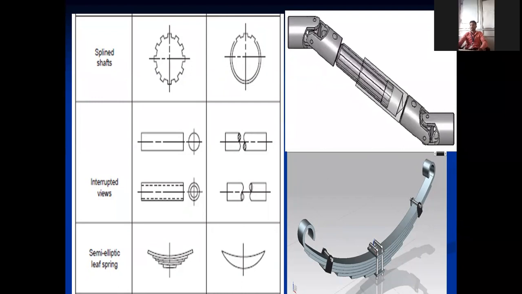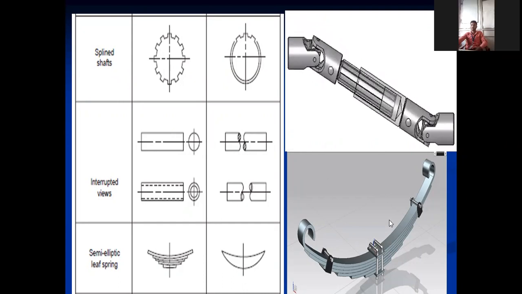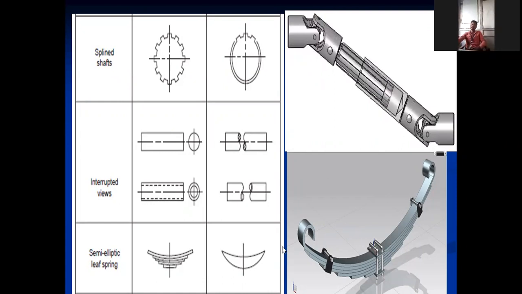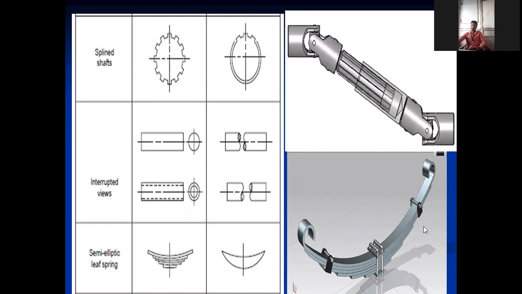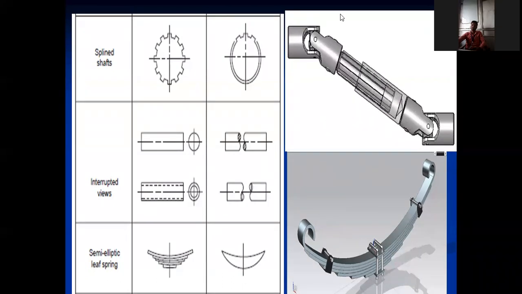Now don't observe only the tractor and sugarcane in the trailer. Now try to observe these components. Try to observe this splined shaft. Try to observe this leaf spring. As I told, this leaf spring is nothing but, in Marathi, pata. So two important things are there as far as leaf spring is concerned.